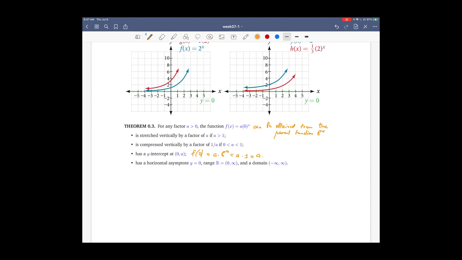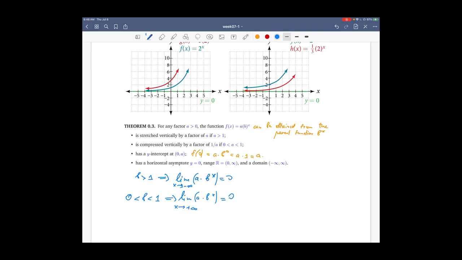That is because, as we learned last week, the limit of a times b to the power x for b greater than 1 at negative infinity is 0, and for b between 0 and 1, this limit is 0 when x goes to positive infinity.